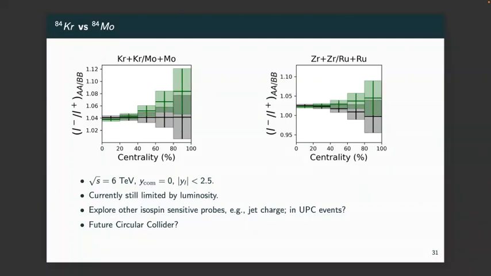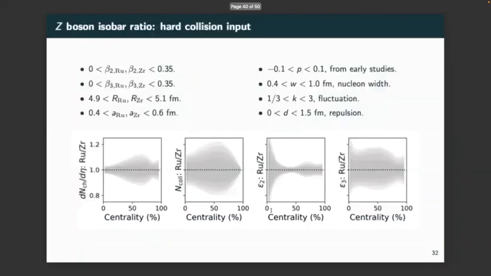Also, Jiang mentioned that we can project for future circular colliders, which will be far outside of the near future, of course. But the luminosity will be a lot higher. What's a lot? Of course, it also depends on luminosity, right?